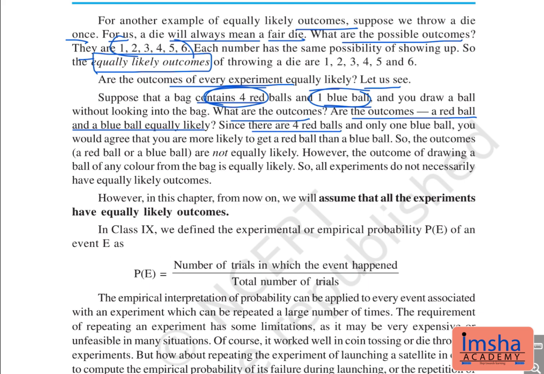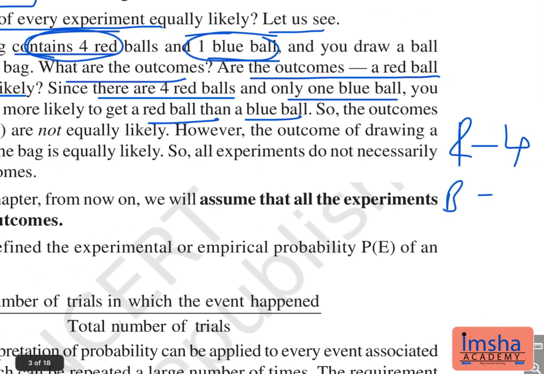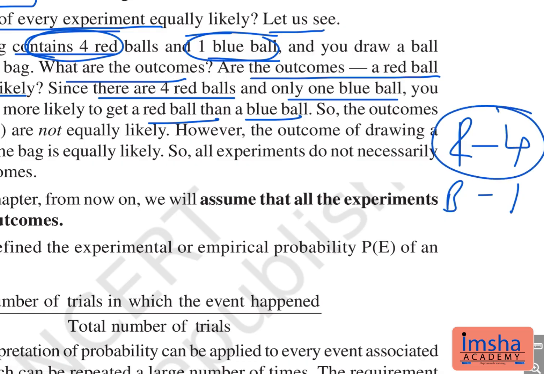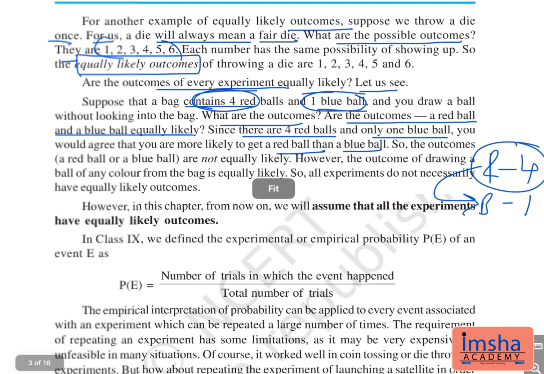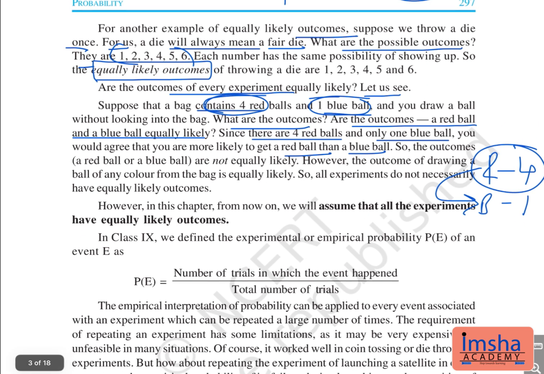Since there are 4 red balls and only one blue ball, you would agree that you are more likely to get a red ball than a blue ball. Obviously the number of red balls is more, right? So the probability of getting a red ball is more than that of getting a blue ball. So the outcomes red and blue are not equally likely.